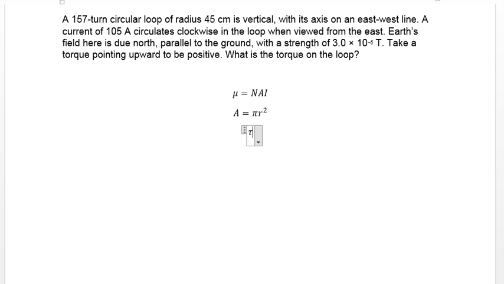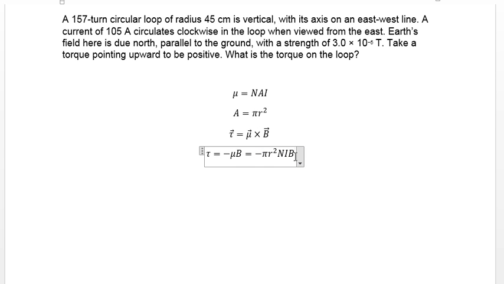Let me write the full equation. Tau vec equals mu vec cross the magnetic field, which in this case the magnitude is just mu B. So that's going to be pi r squared N I B for the magnitude, and from the direction, taking the torque to be positive going up, we know that at the end of the day this is going to be negative by the right-hand rule.